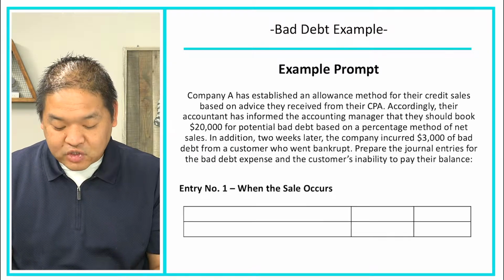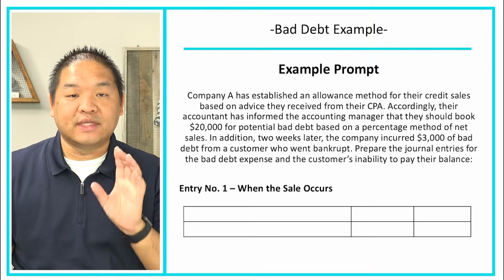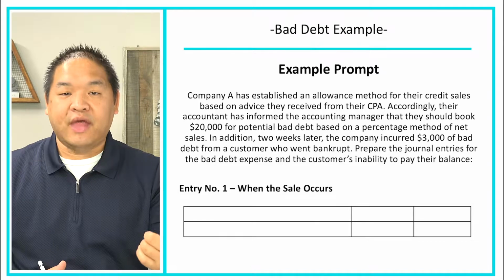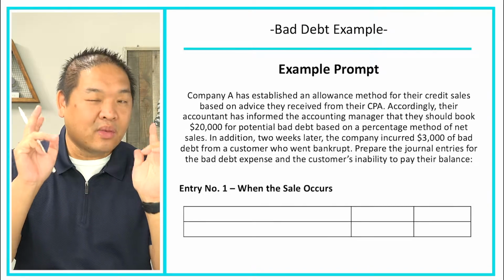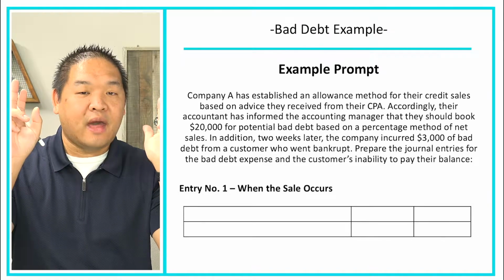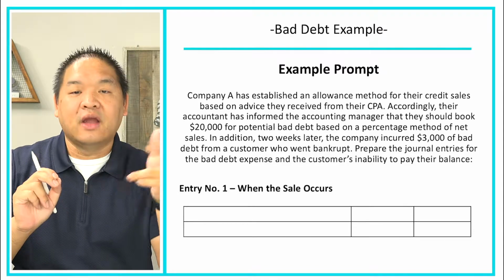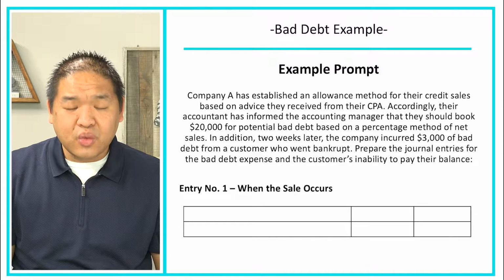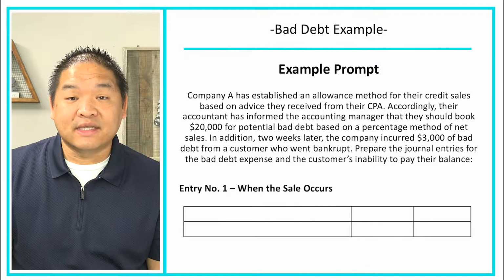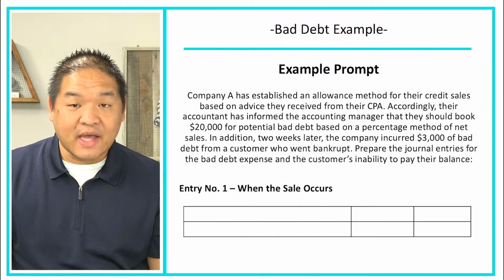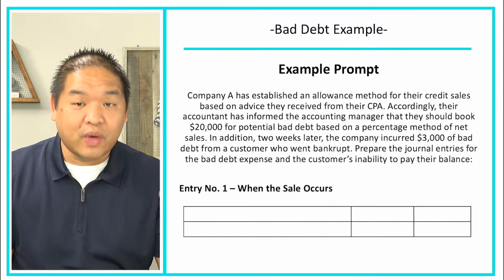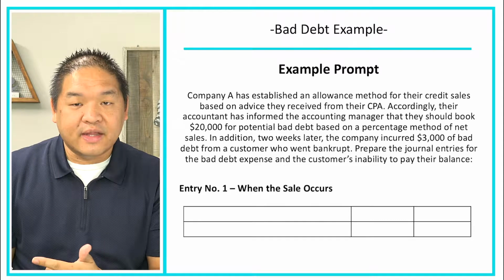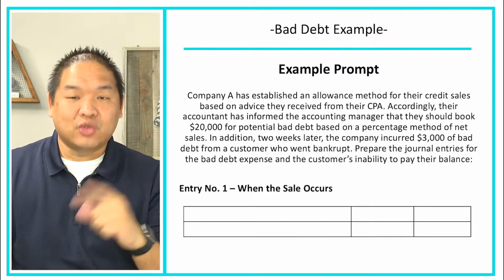So let's start with the first one here, when the sale occurs. When the sale occurs, we have to include a bad debt expense, and then we put that money into the cookie jar, not really putting money in, but for when bad debt actually happens. From our last lesson, we're going to debit bad debt expense for $20,000, and then we're going to put that money into the cookie jar, so we're going to credit the allowance for bad debt, $20,000.